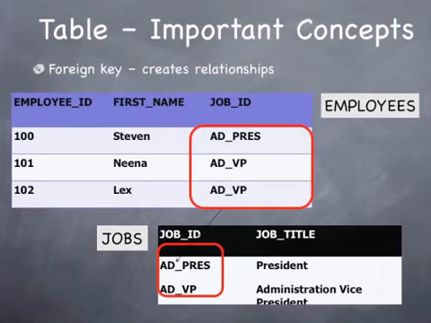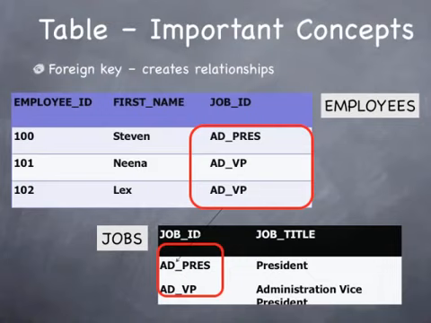The employees table contains the details of employees of the company. The jobs table describes the different jobs in the company. The jobs table has two rows. The first row describes the job where the ID is Ad Press and the title is President. The second row describes the job where the ID is Ad VP and the title is Administration Vice President.